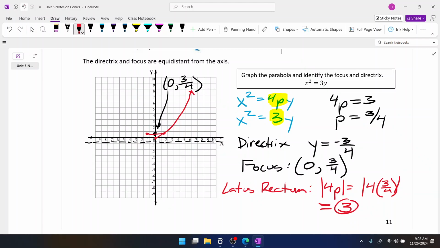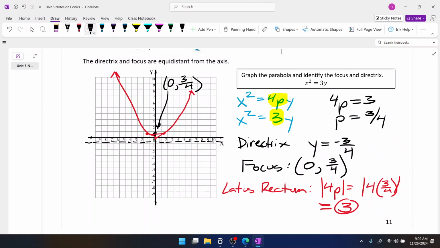And that is the only drawback to this pen pad. But if you notice, this length of the latus rectum is going to be 3 units. If you go 1.5 units away, it's going to have a y value of 3/4.